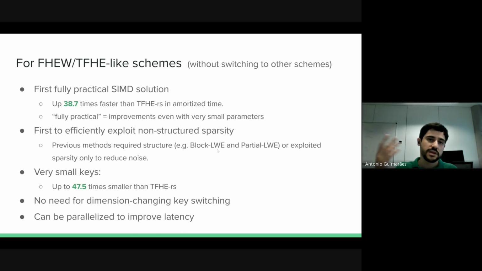And this is something interesting, that other schemes have been exploiting sparsity for a long time now, like CKKS, BFV, and others, they exploit sparse secrets. But for TFHE and FHEW, we had very limited ways of exploiting sparsity before this work. We also have very small keys, which can be very important, for example, if you think of hardware acceleration or things like that, or even just network communication. And our algorithm can also be parallelized if you want to improve latency, for example.